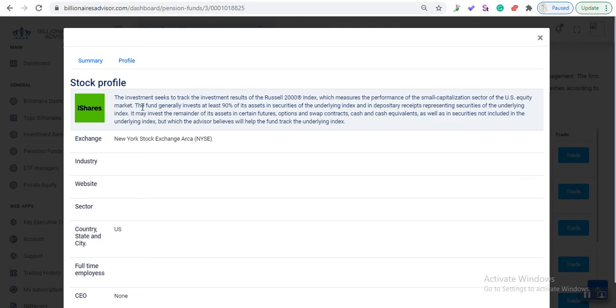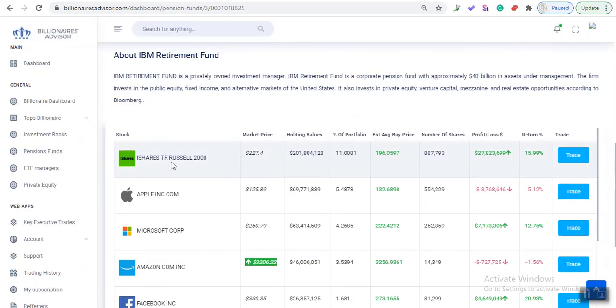The fund invests 90% of its assets in securities, in depository receipts representing securities of the underlying index. In other words, this gives you exposure in equity and in different securities, asset class.